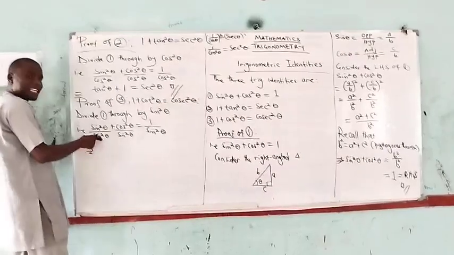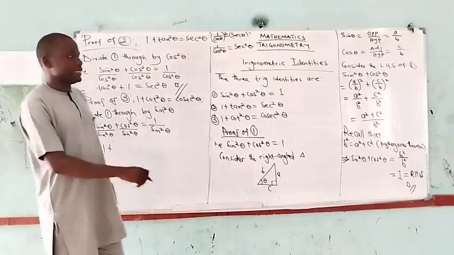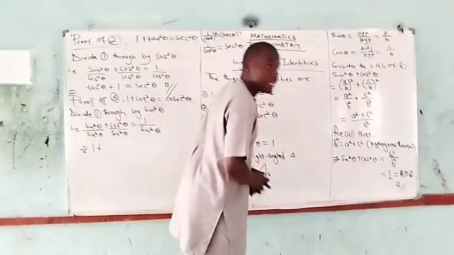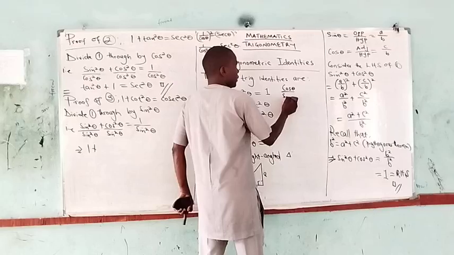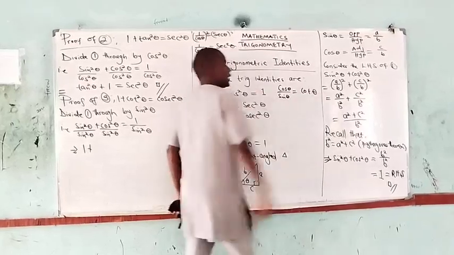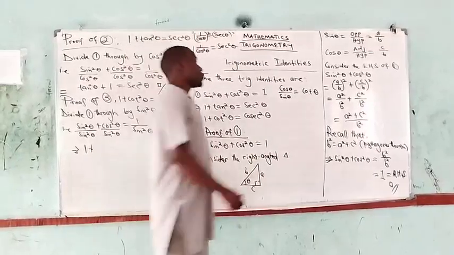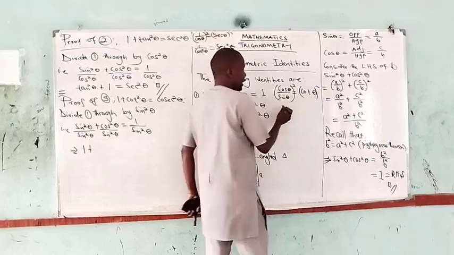Sine square divided by sine square is 1, plus cos over sine. Cos theta over sine theta is cot theta. So if you square both sides, what do we have?